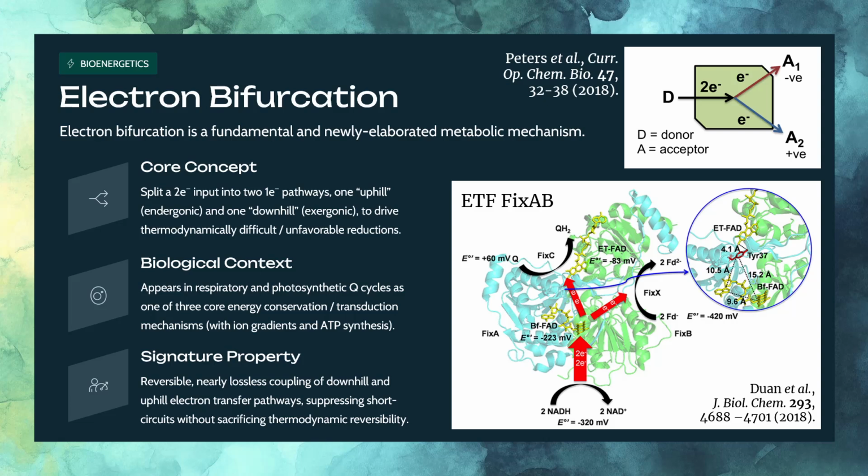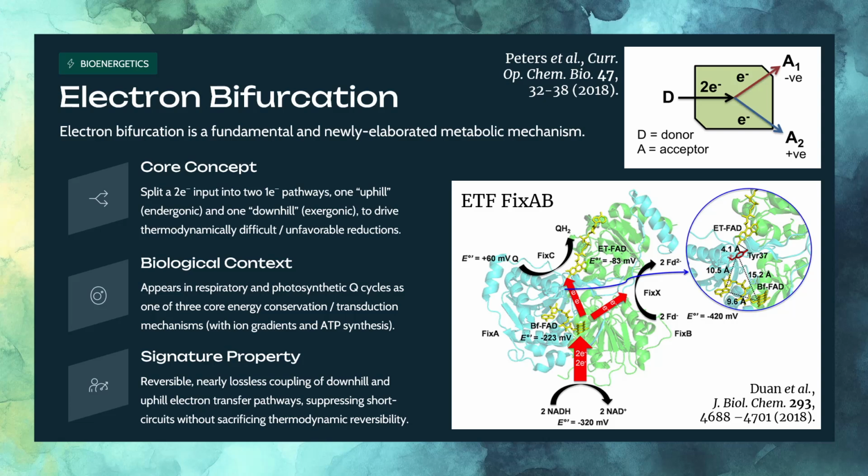Anytime you talk to a physicist, they'll tell you these kinds of symmetry breaking effects are the most interesting areas of physics. And in extraordinary cases, symmetry breaking effects can be places where new physics is discovered. Now, in this biological context, what is exciting is that this electron bifurcation effect appears in the respiratory and photosynthetic cycles of, in fact, in the kingdom of life, we see it practically everywhere.